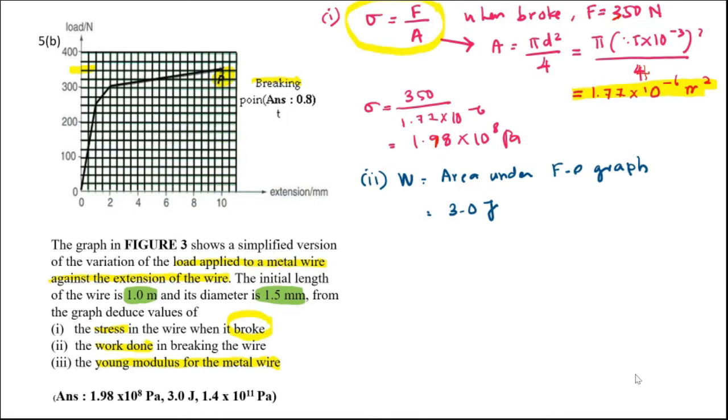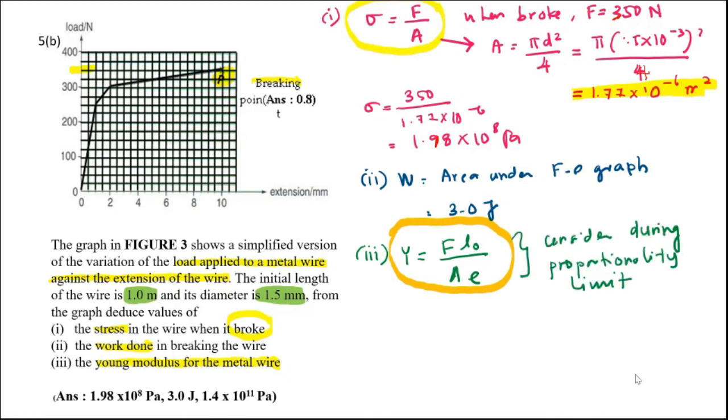And then for part 3, to find the Young modulus, of course, we need to use the Young modulus formula. The force that we need to refer to is the force during the proportionality limit.